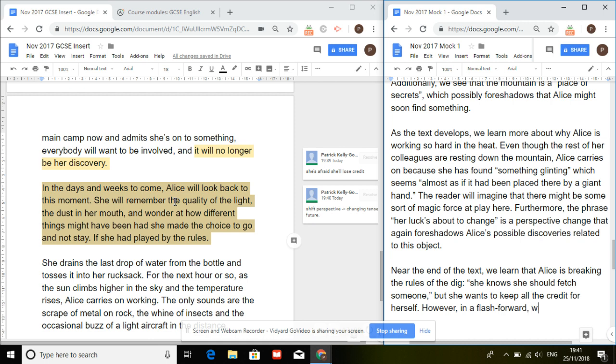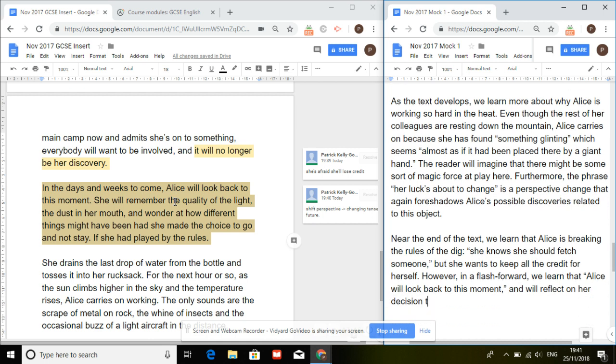However, in a flash forward, we learn that Alice will look back to this moment and will reflect on her decision to not play by the rules. This strongly suggests to the reader that Alice's decision will have enormous consequences.